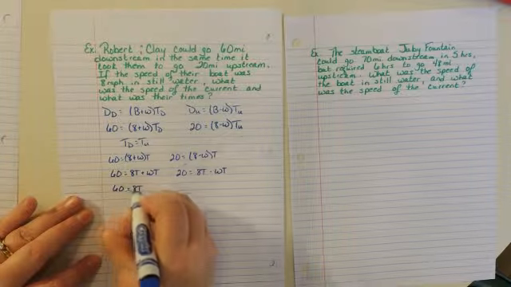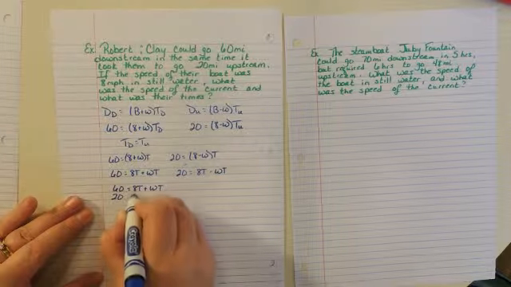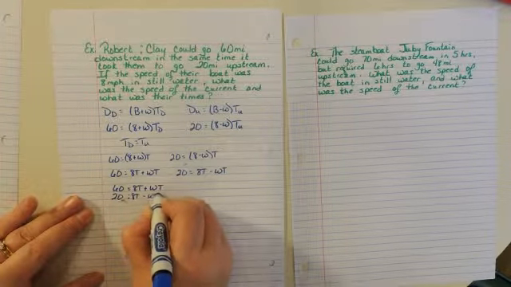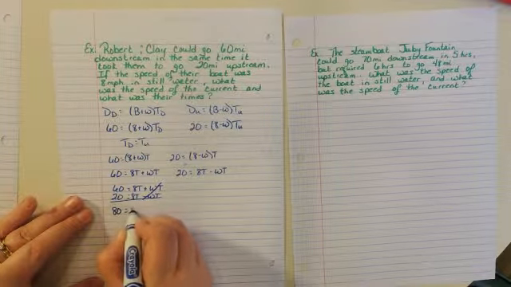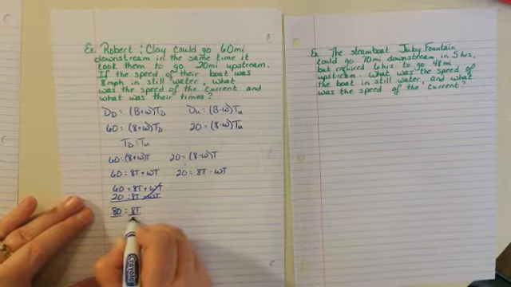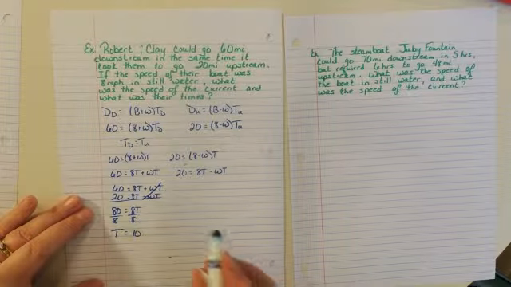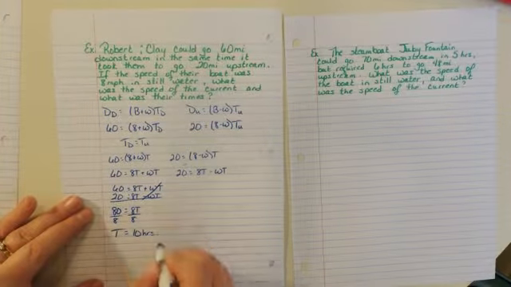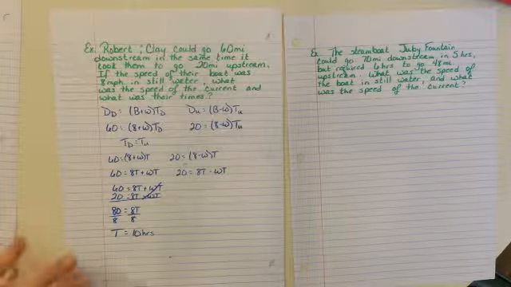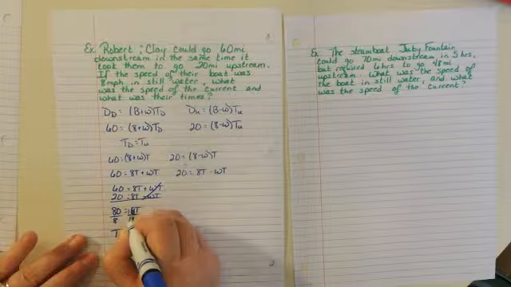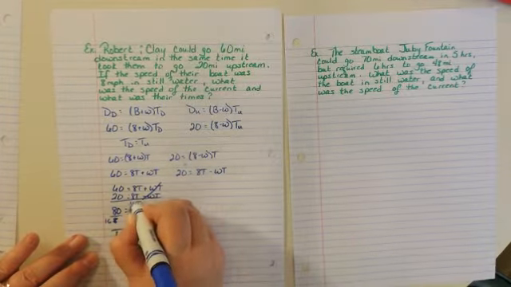Those cancel. We end up with 80 equals 16t, because 8 plus 8 is 16.